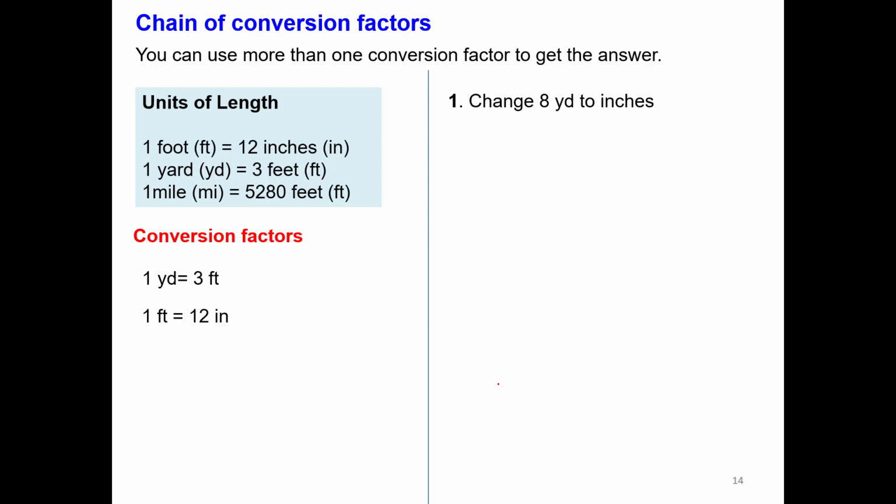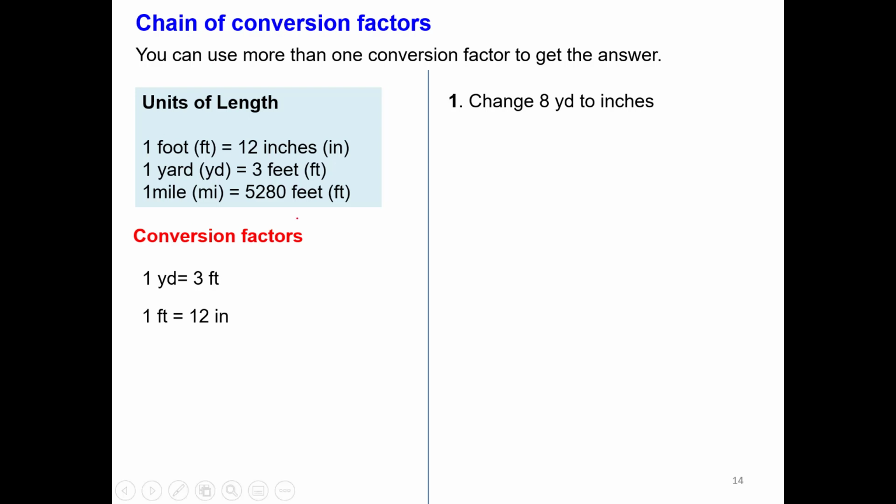Now, in some cases, we don't have the direct conversion factor. Then we need to apply a chain of conversion factors. In this case, we use more than one conversion factor to get the answer, sometimes 2 or sometimes 3.